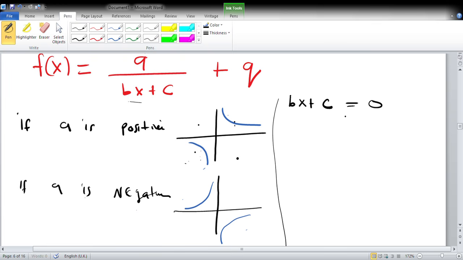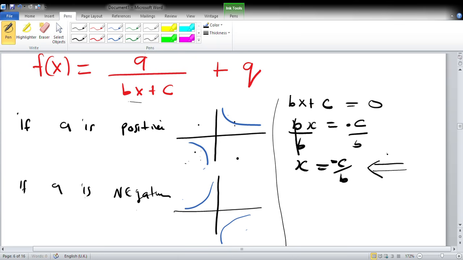So make x the subject: bx equals negative c, and the value of x will be negative c over b. Actually, this is negative c over b. So this becomes the vertical asymptote, like a straight line passing at negative c over b.